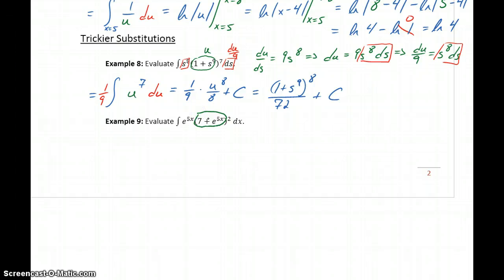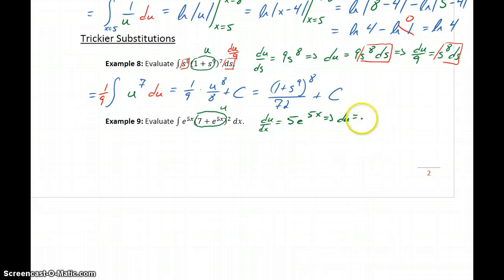We've got our interior function, 7 plus e to the 5x. So we'll let that be our expression for u, which means that du over dx will be the derivative of that, which will be e to the 5x times the derivative of 5x, so times 5. Or, just to reorder that, we'll write it as 5 e to the 5x.